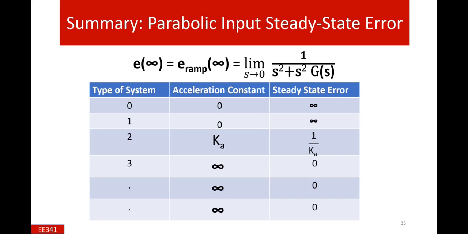Further, if we increase the type, then the constant will be infinite and the steady state error will be 0. So these are the important results derived with the addition of parabolic inputs. We studied that the behavior of the steady state error will definitely change if we increase the input of the system.